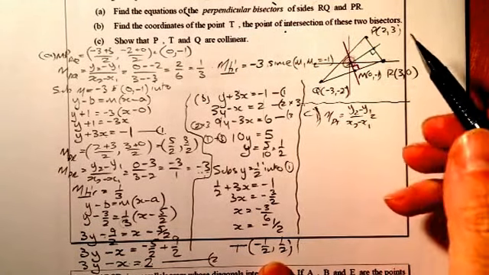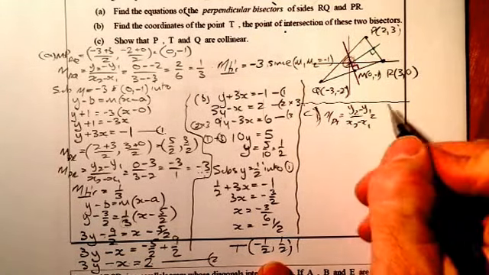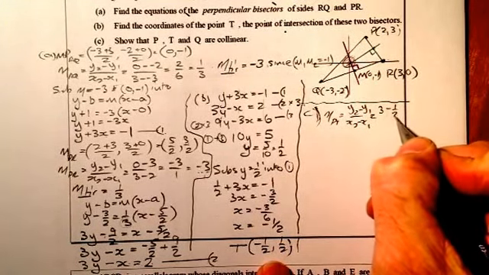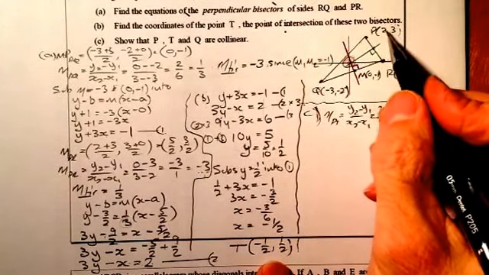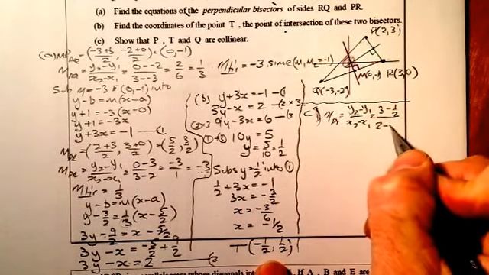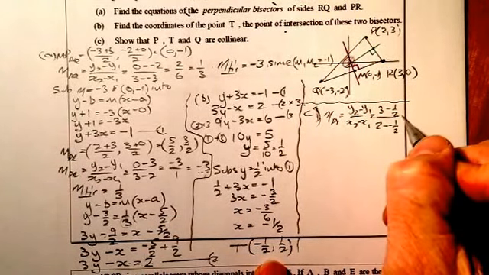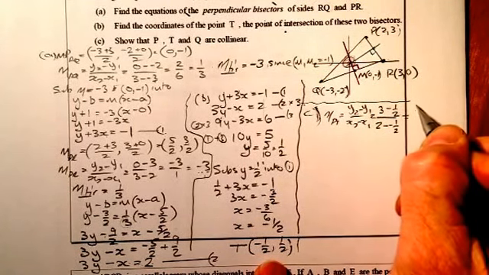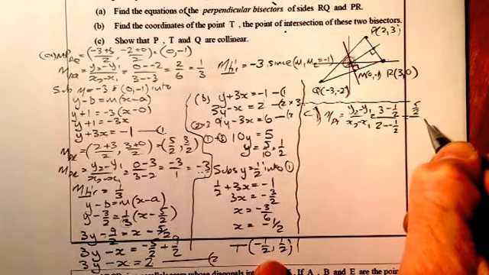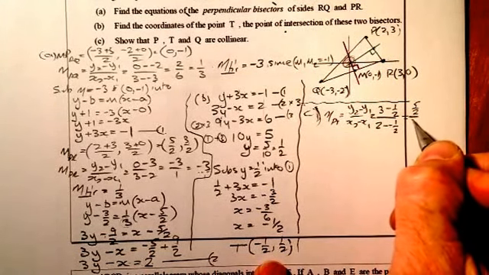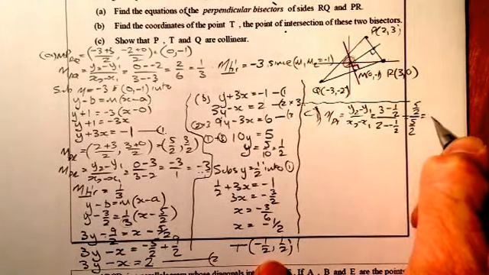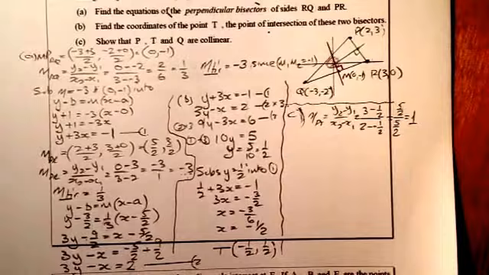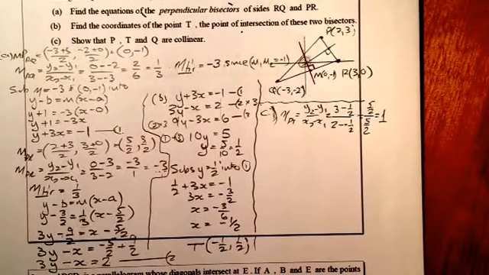So it'll be 3 minus a half all over 2 minus a half, which should just be plus. So 3 minus a half will give me 2.5, which is 5 over 2, and 2 plus a half gives me 2.5, which is 5 over 2. That just gives me a gradient of 1.